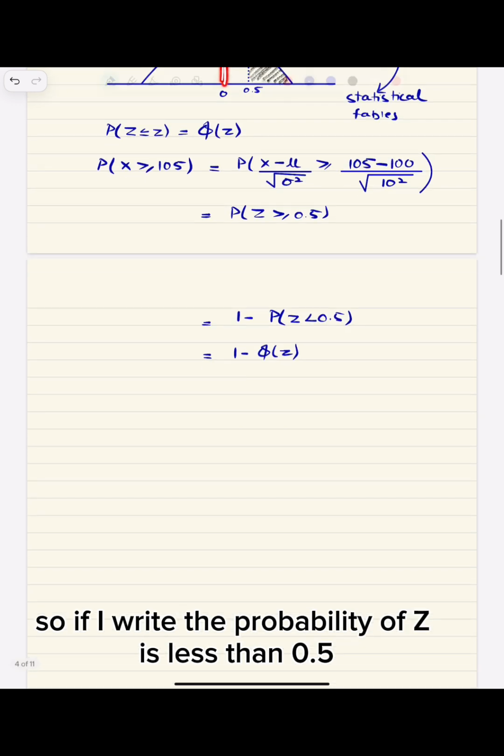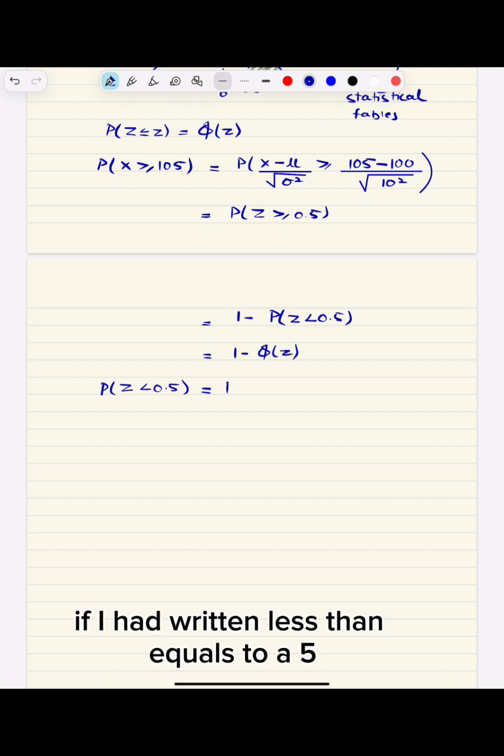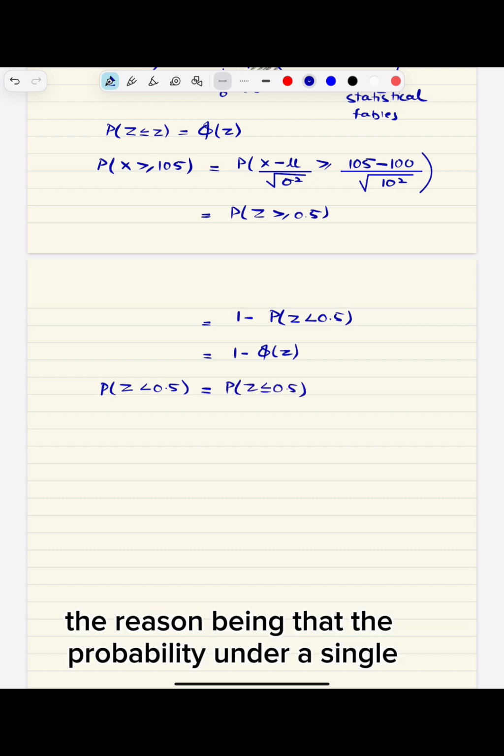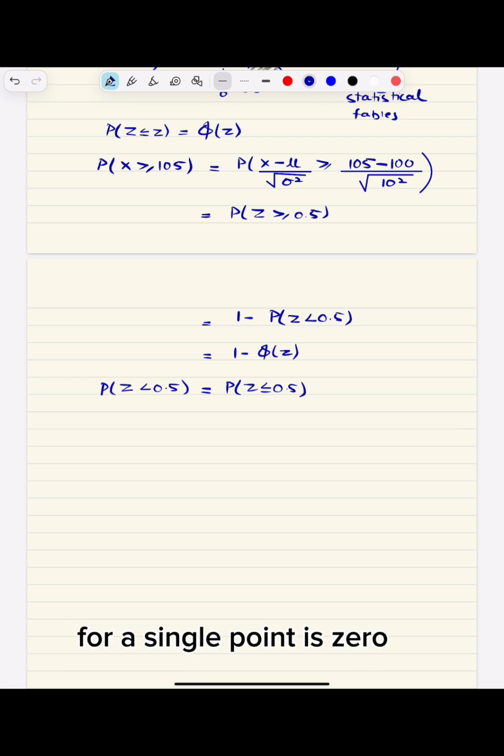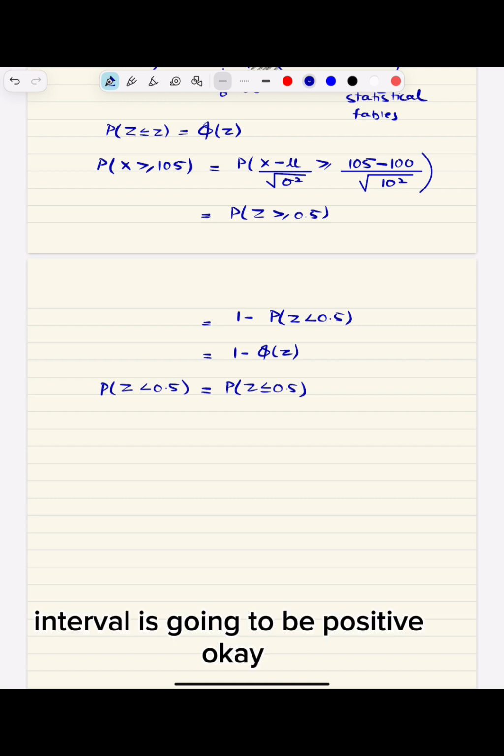So if I write the probability of z less than 0.5, it is the same as if I had written less than or equal to 0.5. The reason being that the probability for a single point is 0, but the area over an interval is going to be positive.